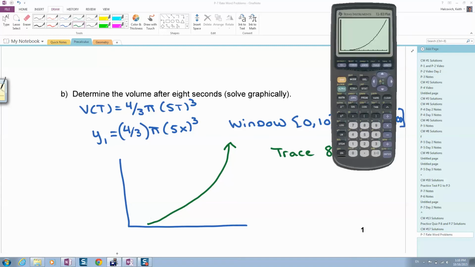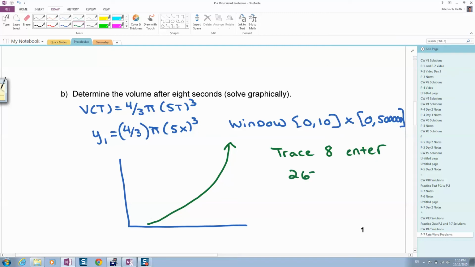So we'll do that here. We'll go trace 8 and then enter, and it gives us 268,082.57, and that's cubic inches, and that is the volume after 8 seconds of the sphere.